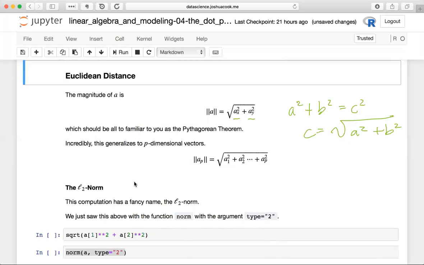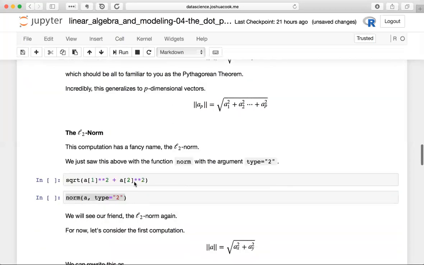Now, one thing to point out real quick is when we're writing the magnitude, we will use these double absolute value symbols to denote the magnitude of a vector. And the other thing to take note of is that this formula actually works for p-dimensional vectors. It works for any number of dimensions. And you can probably figure this out for yourself by working on a 3-dimensional vector and seeing that it in fact works.